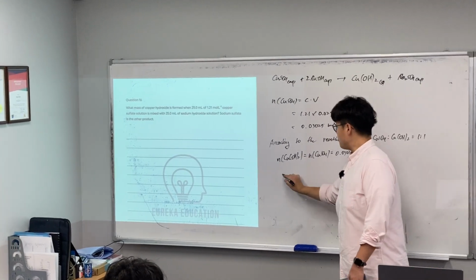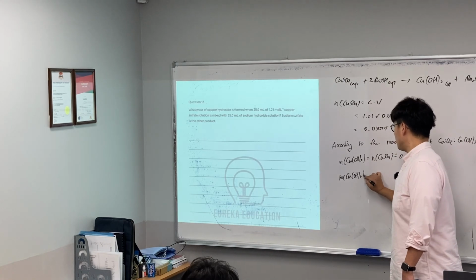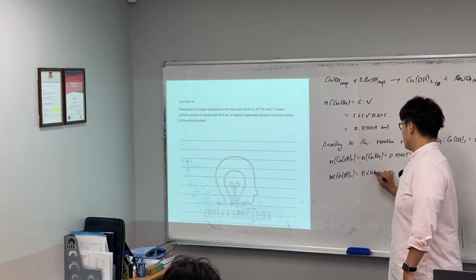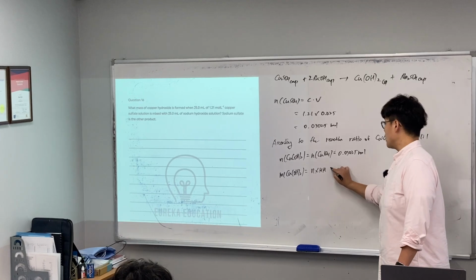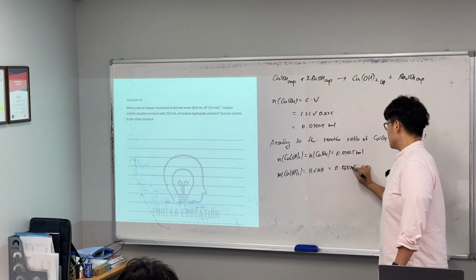Finally, the mass of the copper hydroxide is n times the molar mass, and the rest is simply showing the working out with the correct substitutions.